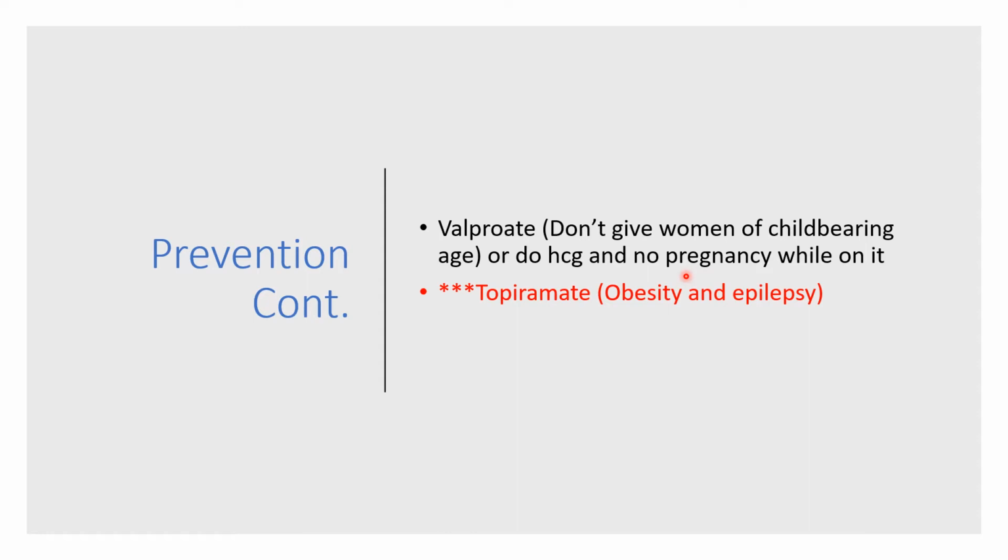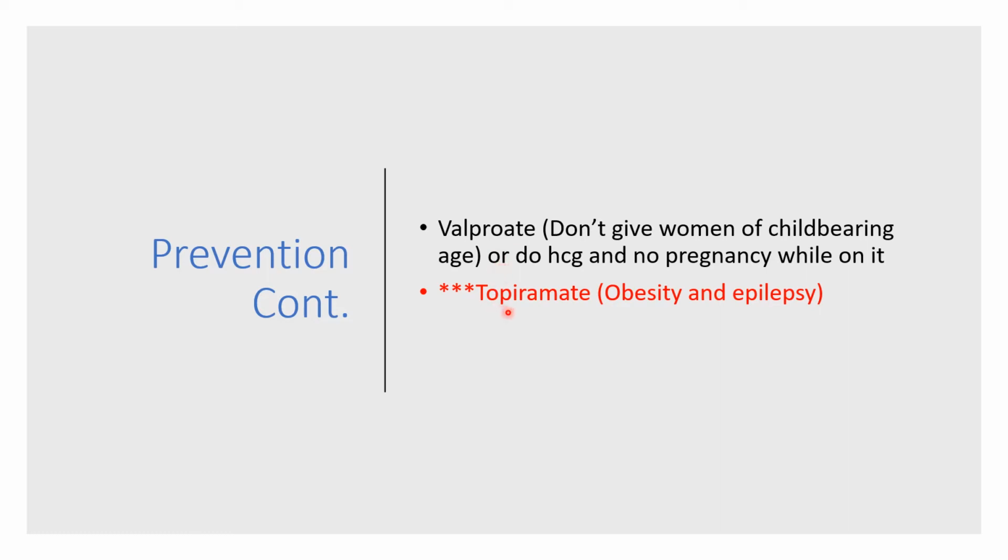Well, a woman of childbearing age, why would you go for valproate for prevention in them? No, to avoid all these complications, teratogenicity, just keep avoiding them, use valproate in men and some other people.